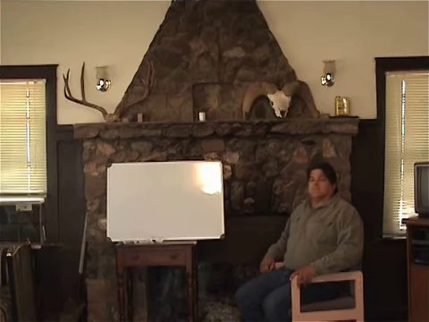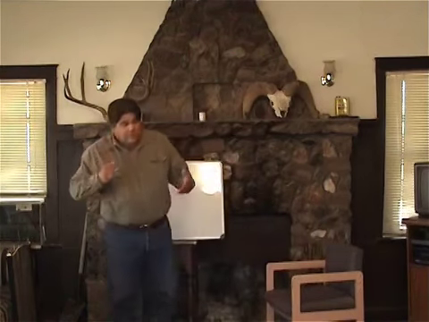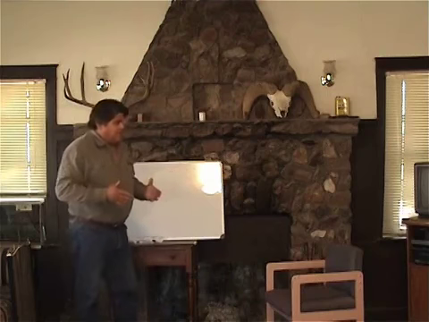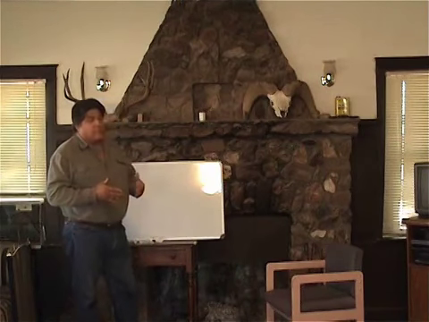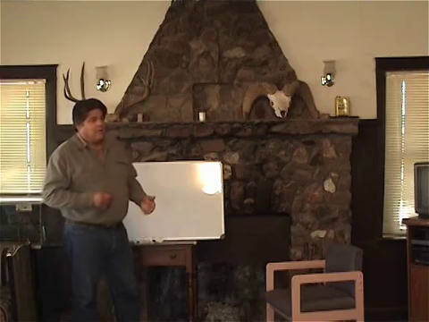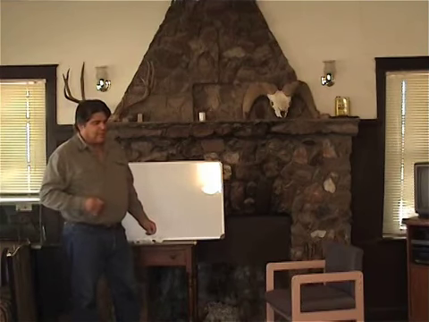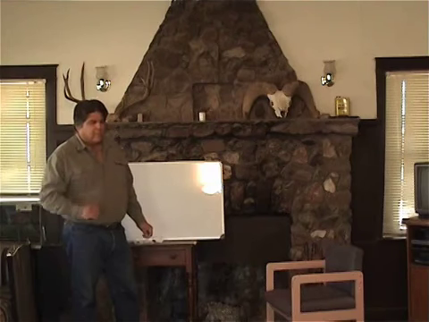So let's get started. First thing we want to know is that a flat rock can be of almost any size. Later on we'll get into a three-dimensional rock, a rock that rises up out of the desert ground and above the ground.